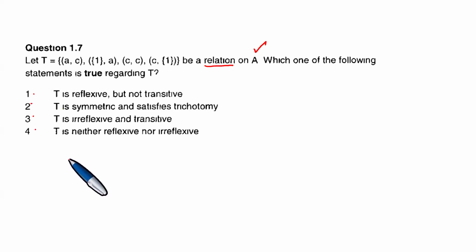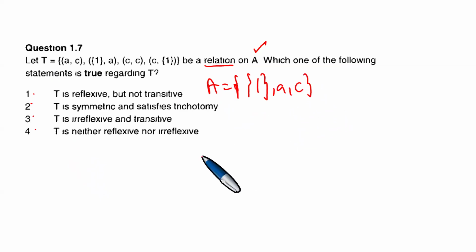Now, we are saying let T be a relation on A. We need to remember from the given information what elements A contains. It contains the singleton containing 1, and it contains A and C as well.